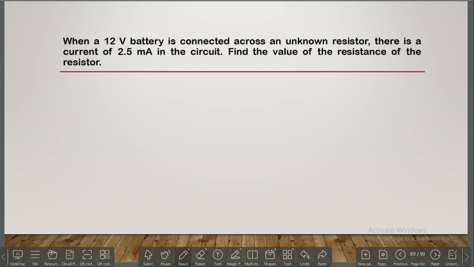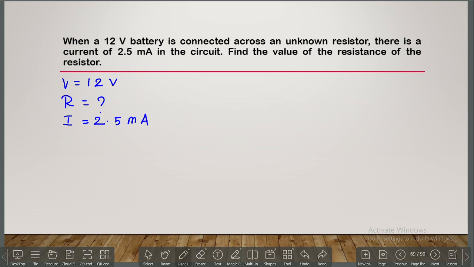Next, a 12 volt battery, that means the potential difference of the battery is 12 volt, is connected across an unknown resistor. That means the value of resistance we don't know. We are going to find it with a current of I is equal to 2.5 milliampere. How much is given over here? 2.5 milliampere.